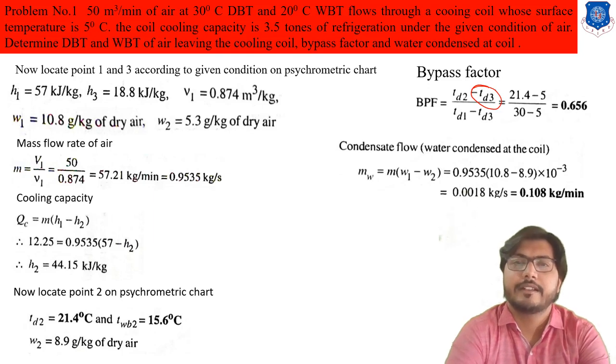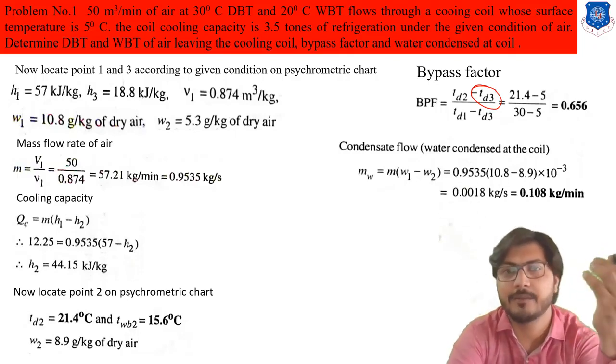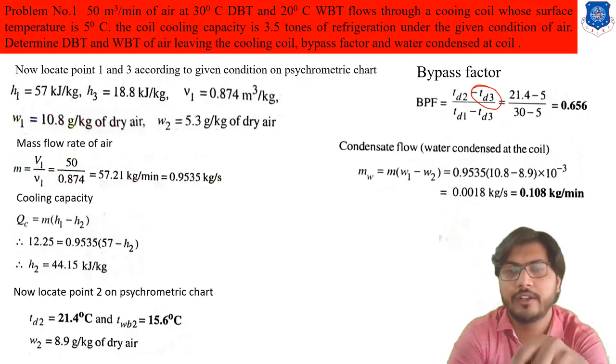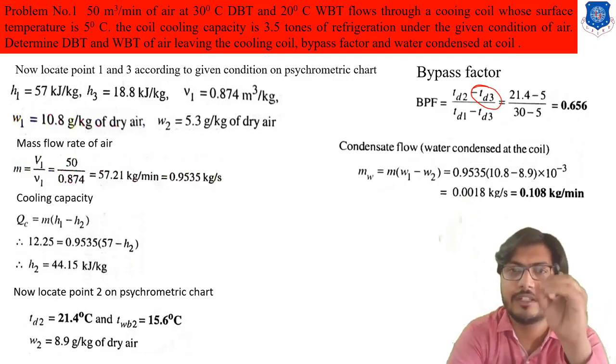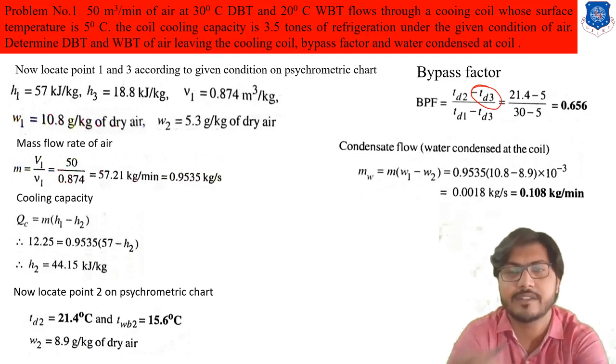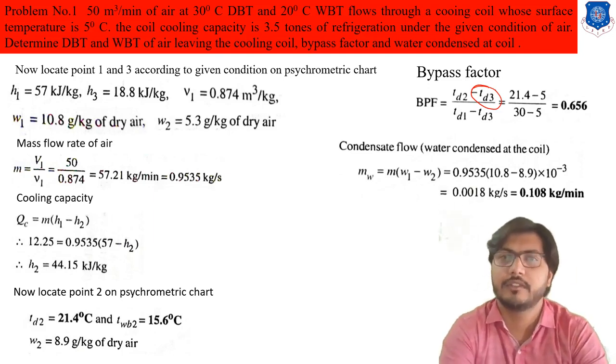Next is the condensate flow, or water condensed at the coil. Because we use the cooling coil, this is the amount of water which is condensed when humid air comes in contact with the cooling coil. That water vapor condenses at the cooling coil and comes out from the return pipe.